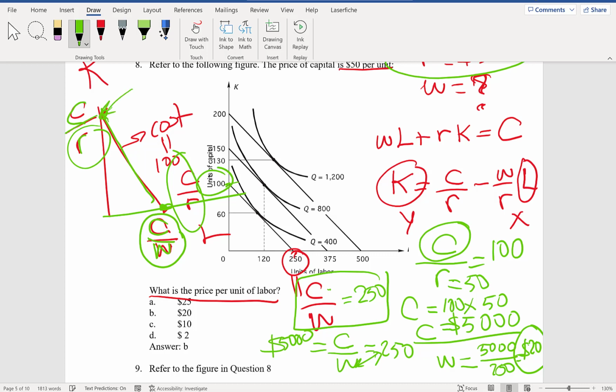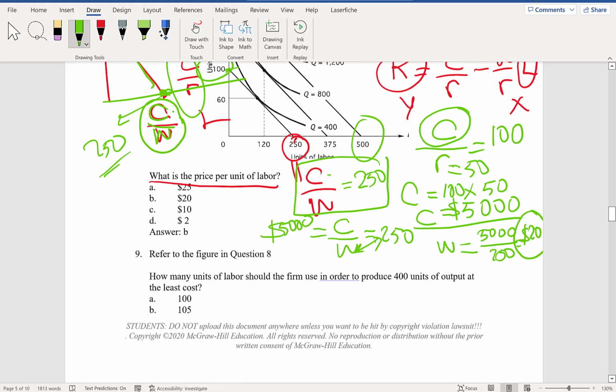I know this intercept was 100 units of capital. This is 250 units of capital. I know this equality. I got the C from here, plugged in here, and solved it for my wage rate. You can do the same thing for these points as well. It doesn't matter, just pick a budget line.